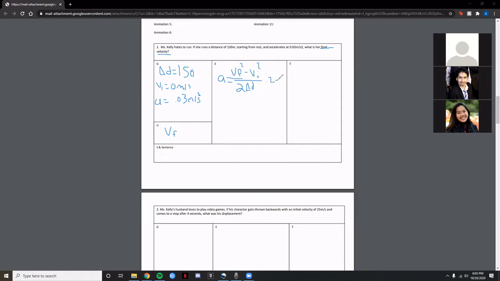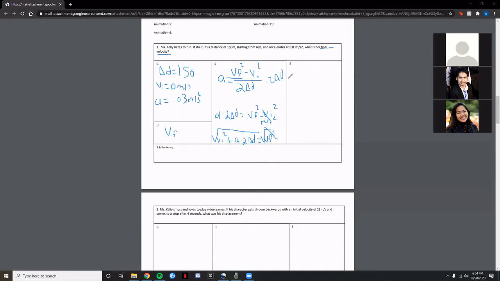Multiply both sides by 2 delta d to cancel out. a times 2 delta d equals v of f squared minus v of i squared, then add v of i squared on both sides. It cancels out, and then we have v of i squared plus a times 2 delta d equals v of f squared. And just to get rid of that squared, we'll have to square root it. So we square root it, it cancels out. So that's our formula we're going to be using.